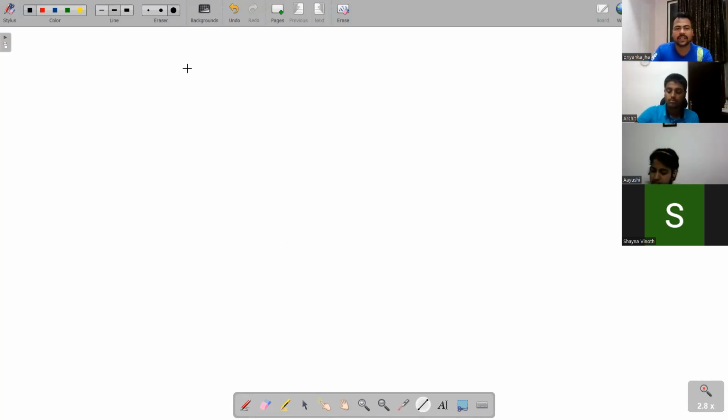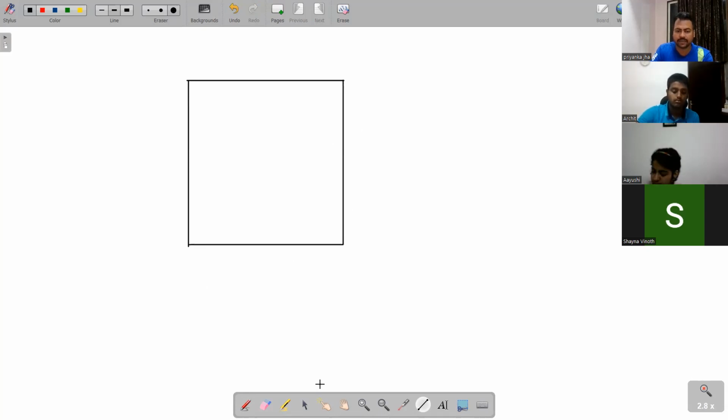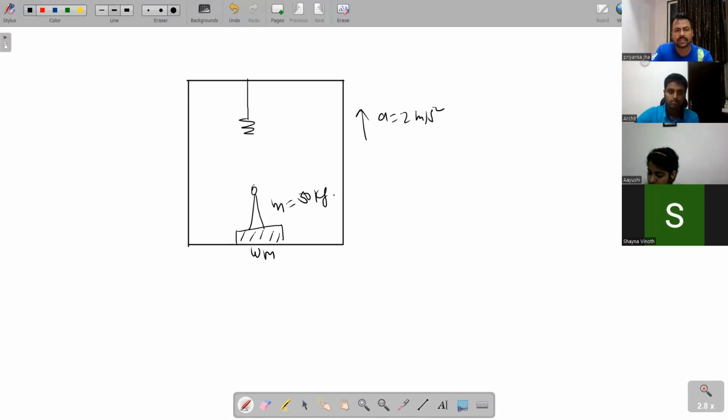Now see, this is a lift. You guys will solve it. This is the spring. This is the lift, and suppose this lift is going up with some acceleration. One weighing machine is kept over here, and suppose one man is standing over here. Mass of the man is 50 kg, and one spring balance is there, and this man is just hanging from the hook of the spring balance.